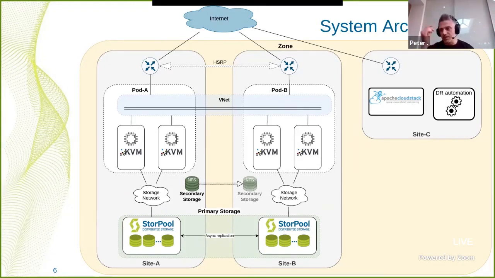From a VPC perspective, when you create a virtual router, if you have both pods enabled, then CloudStack will actually use both pods. So you end up in a situation where you get a virtual router deployed at your DR site, which obviously you don't want. You would have some issues with cross-site latency, and obviously if you lose the one site, you've no idea where your virtual routers actually are.